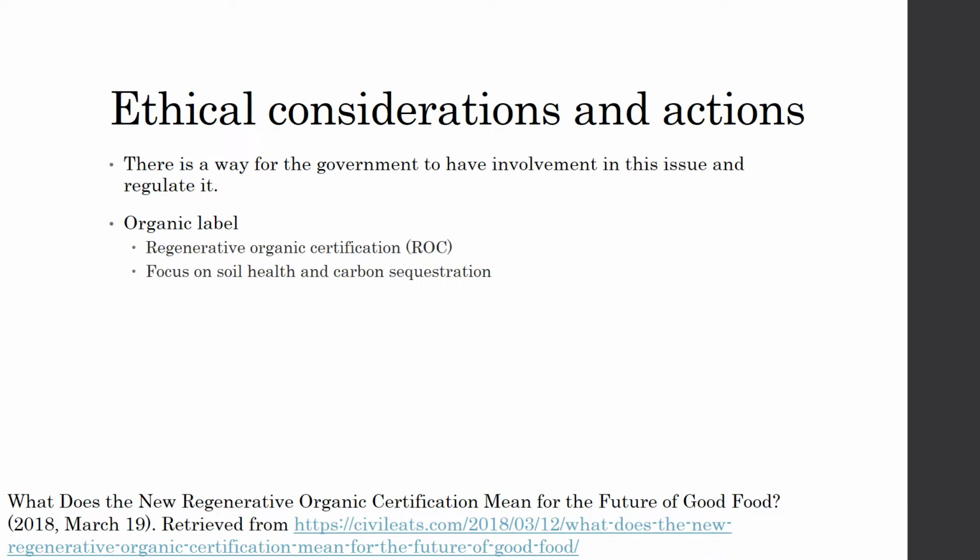So this label is more directed towards regenerative agriculture, and is really just to keep the label strong and strengthen the organic label. It's not really changing it much. It's more just a new way of strengthening the label overall.